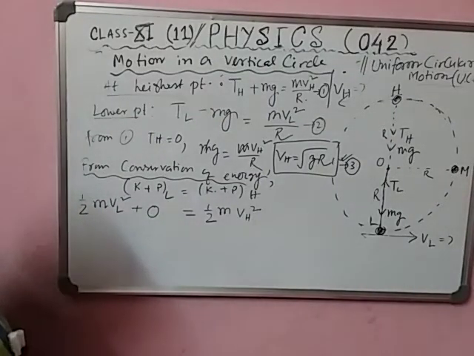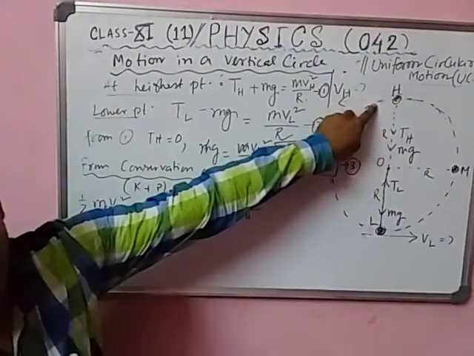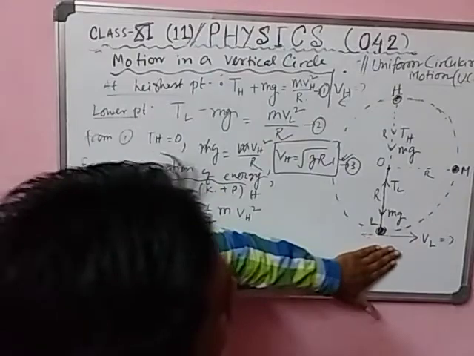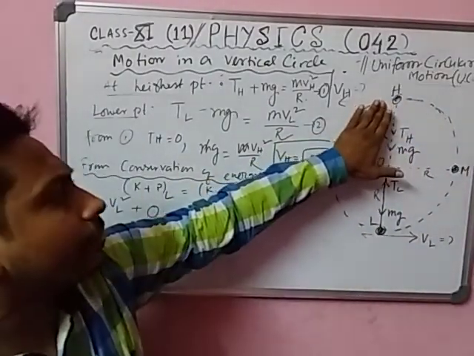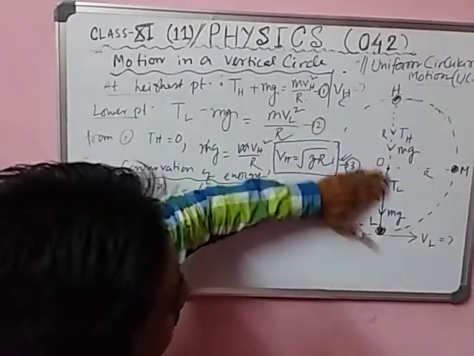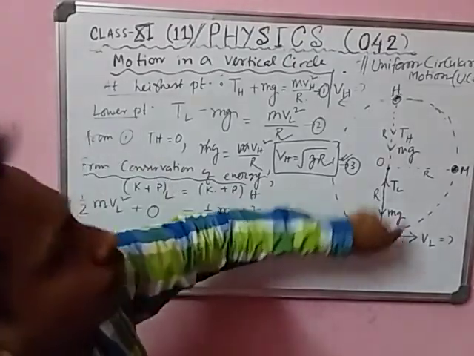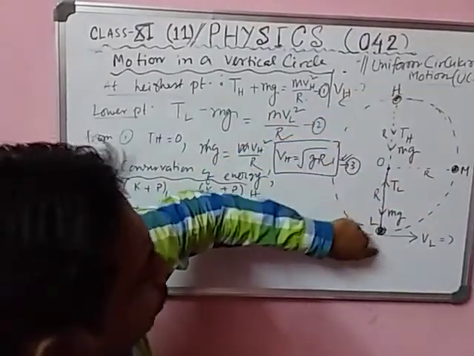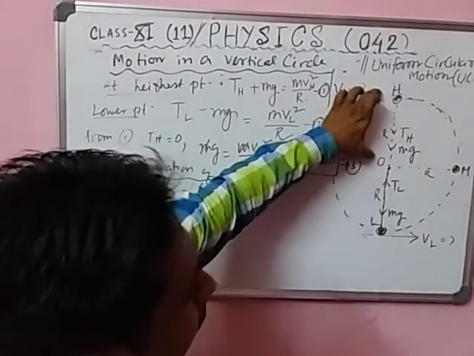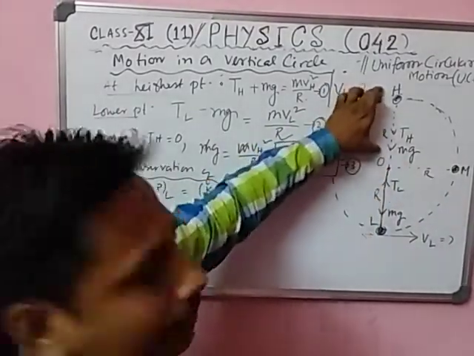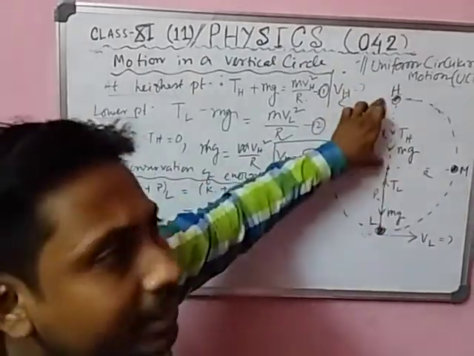If the body moves from this point to that point, how much potential energy does it acquire? The body goes from the L point to the H point by the height R plus R. The total height is R plus R, which means 2R.